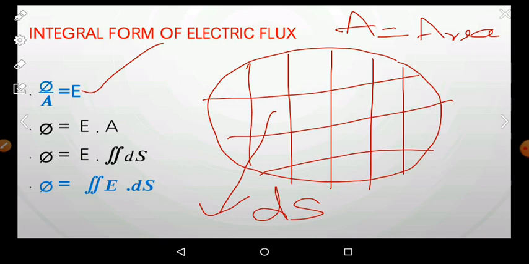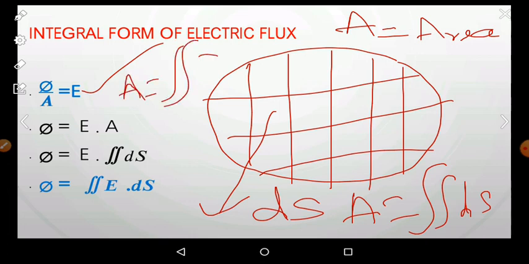Then the total surface area can be written as a surface integral. I have written a double integration here, surface integral ds. By integrating the surface area, you get the total surface area. So instead of A, we have written surface integral ds.